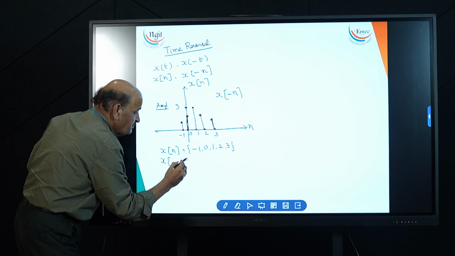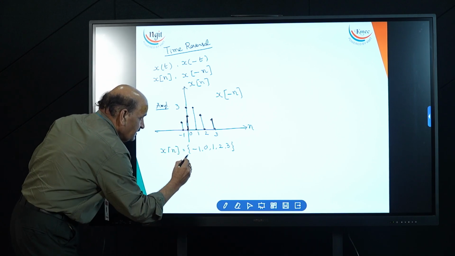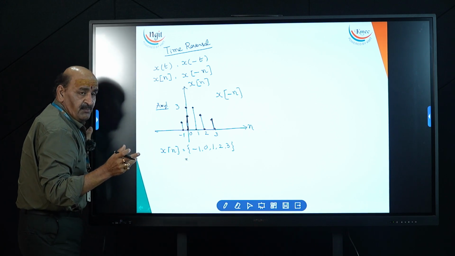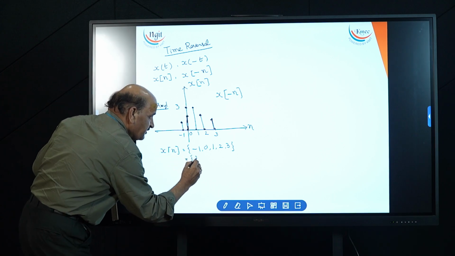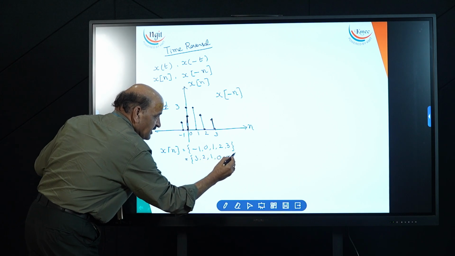Now the first step is to reverse the values: 3, 2, 1, 0, minus 1.